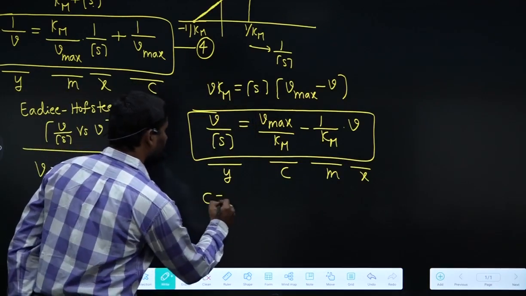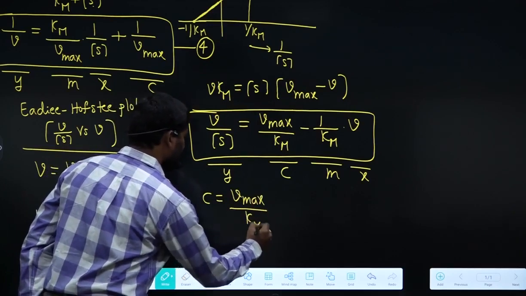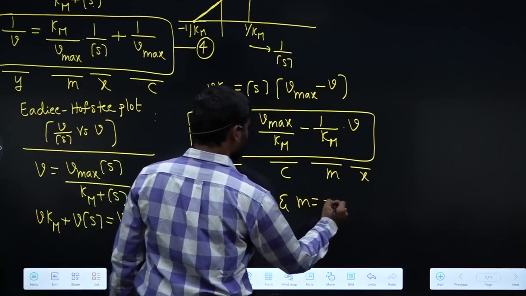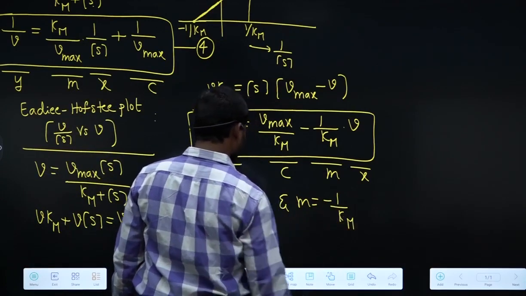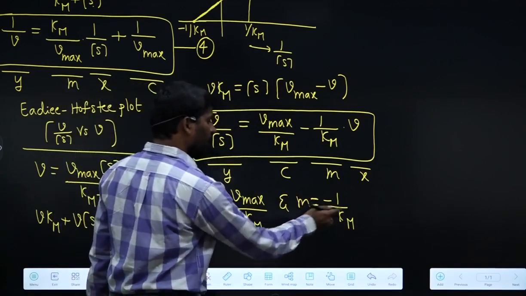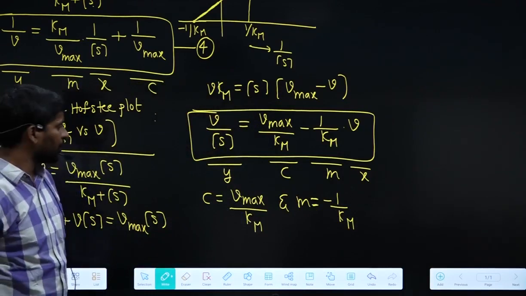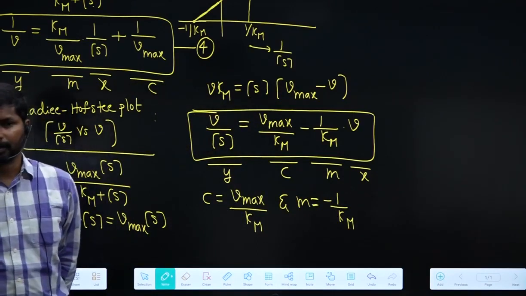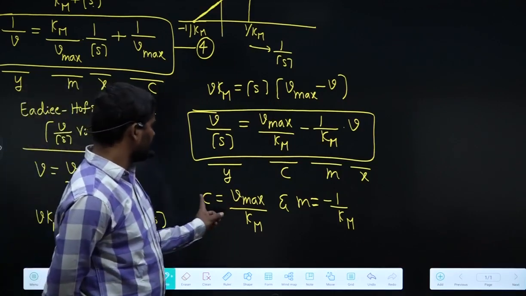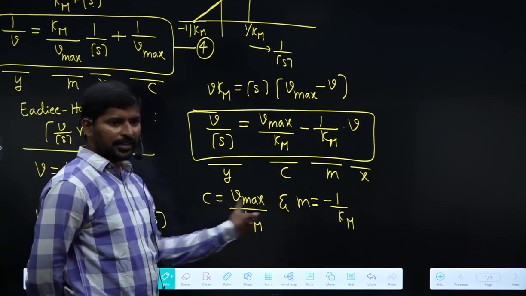So intercept is equal to V max by Km, and slope is equal to minus 1 by Km. So from the slope we can calculate the Michaelis-Menten constant. Negative of slope gives Km. And Vmax we can calculate by minus intercept by slope.